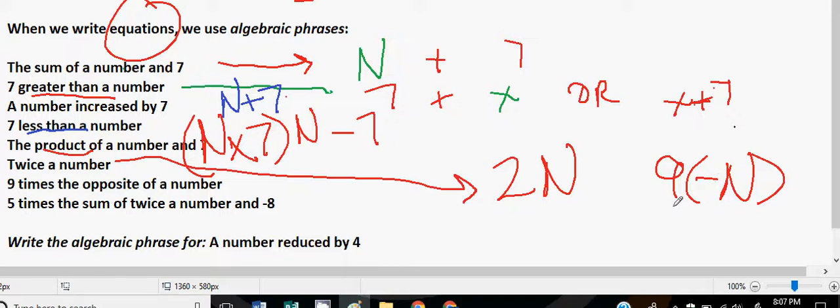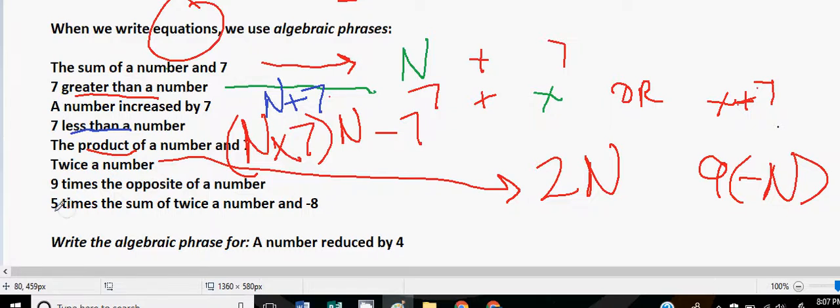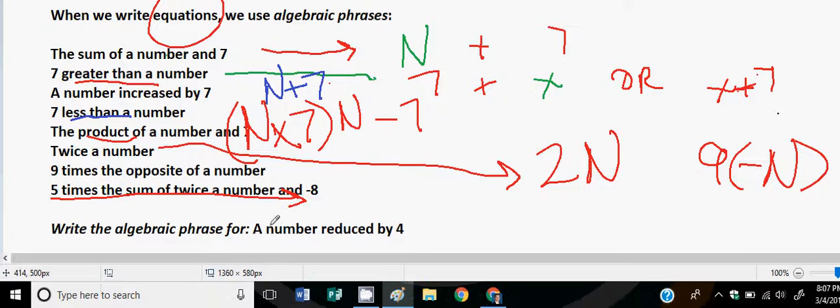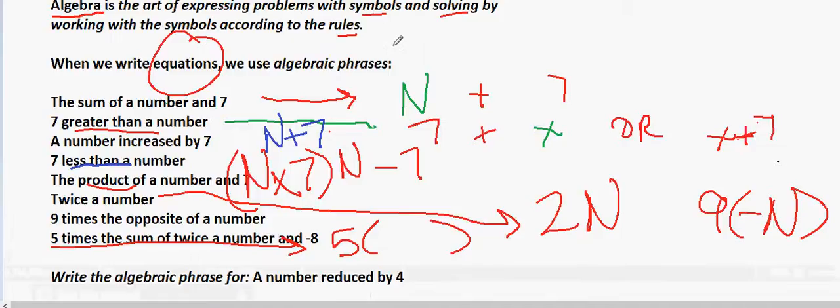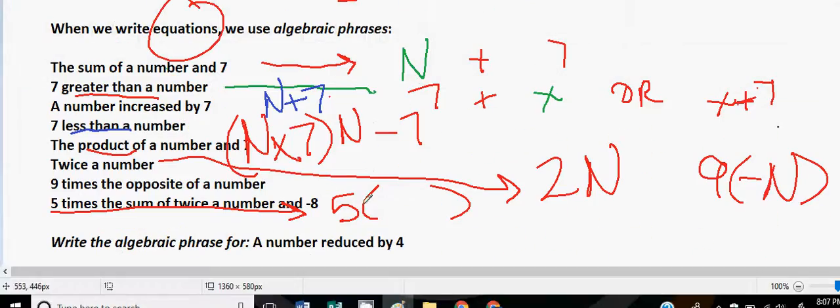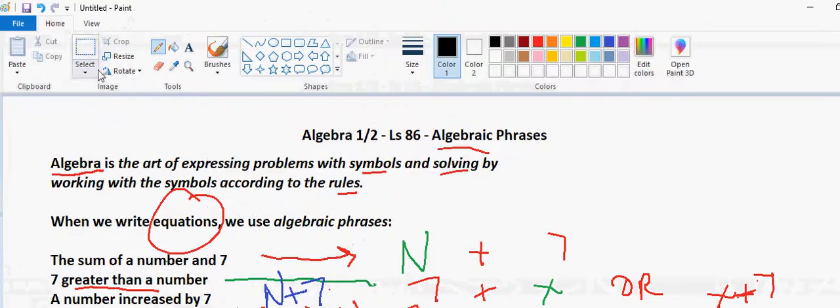Opposite of. Here's our most complicated one yet. 5 times the sum of twice a number and -8. Let's go left to right. 5 times what? The sum of twice a number, which we learned over here. Let's see if I can fit that in here. Try that again.